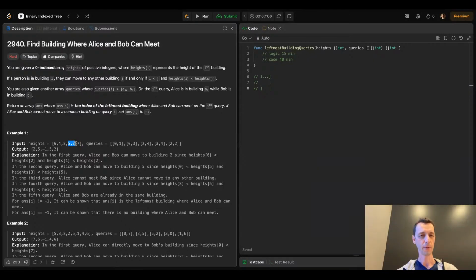So 3 and 4 is again building 5, because they both can move to 7.